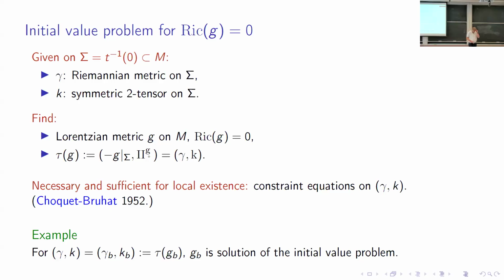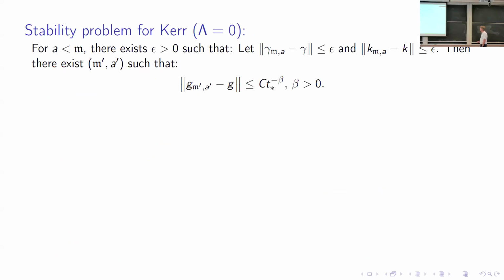And if you take Kerr initial data, you get Kerr. Of course, there are some issues of uniqueness, but in principle, this is unique, up to diffeomorphism invariance. And the stability problem is the following.